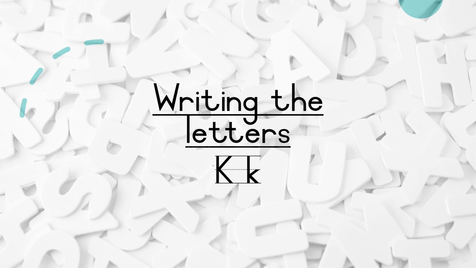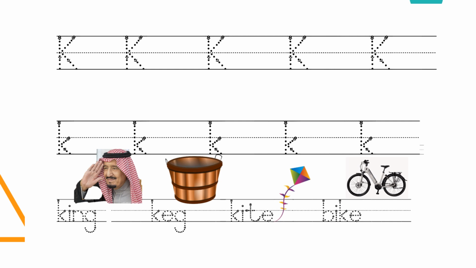Now we learn how to write the letters. So our capital letter starts from the top and goes down to the bottom. Let's try that again. From the top straight down to the bottom.